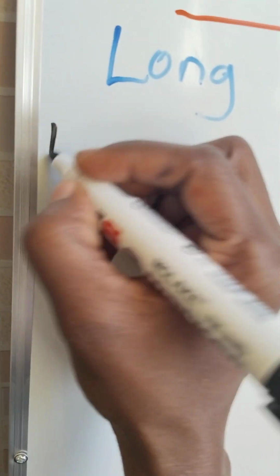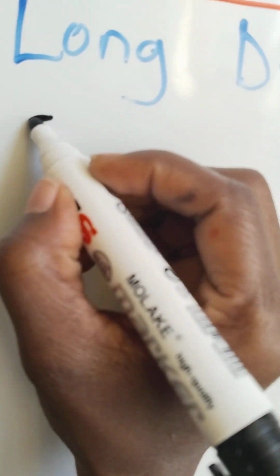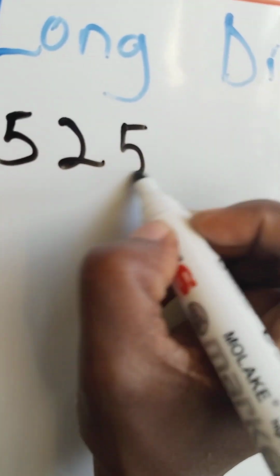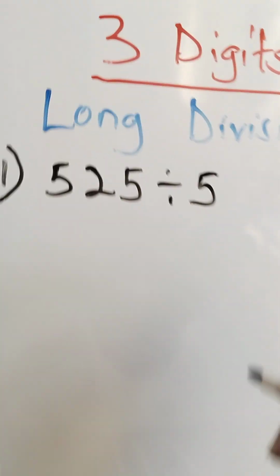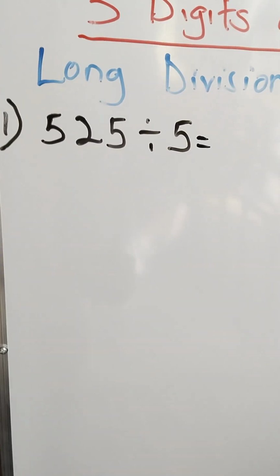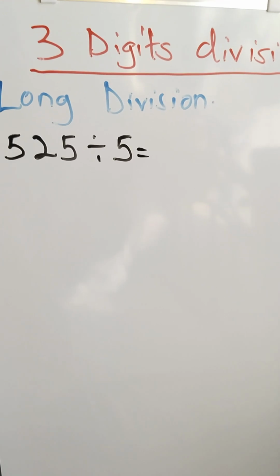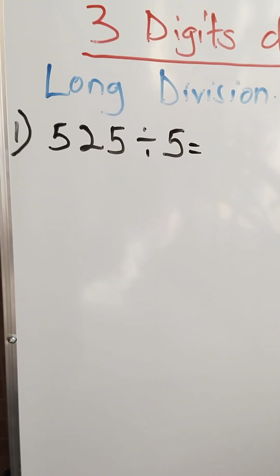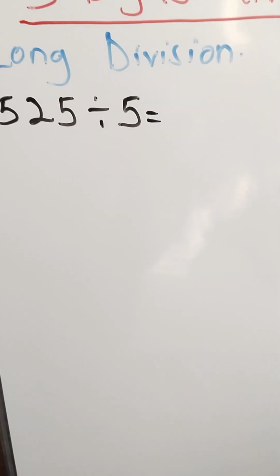For example, they can tell you 525 divided by 5, and they ask how do you divide that number. You can find it in the paper or in the exam or in class, and the teacher asks you how we divide that number.